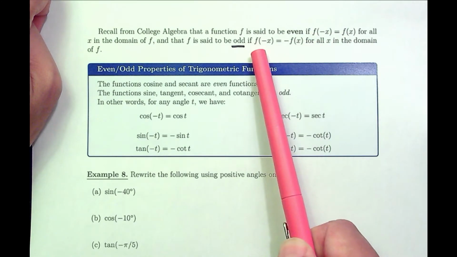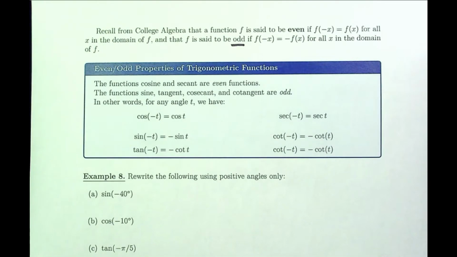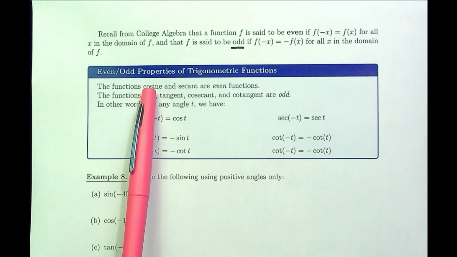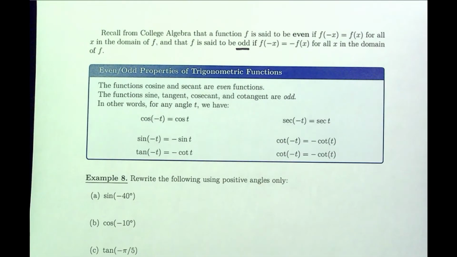For odd functions, you can push out the negative sign. So that's even and odd. It happens that the 6 basic trigonometric functions are all either even or odd. All the trig functions are actually odd except 2 of them. Those are the cosine and its reciprocal. The cosine and its reciprocal are even functions. The rest are odd.